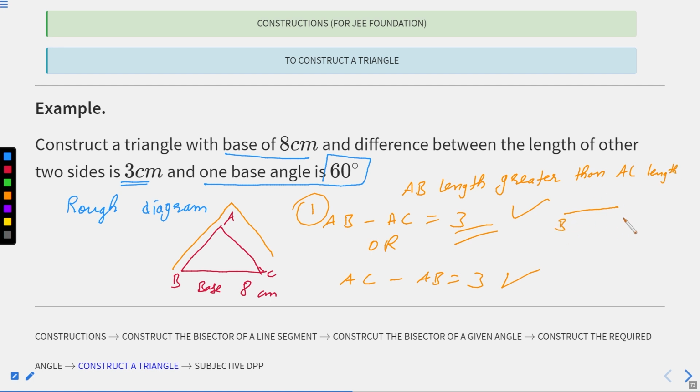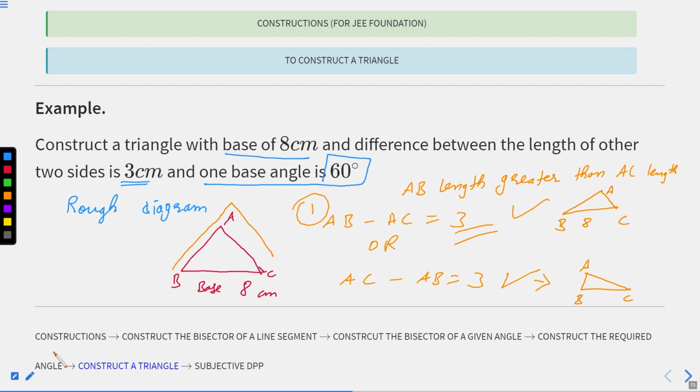So my base is BC, and AB is greater than AC, so my diagram will look like this. Or for the other case, my diagram will look like this. I hope the rough diagrams are clear.